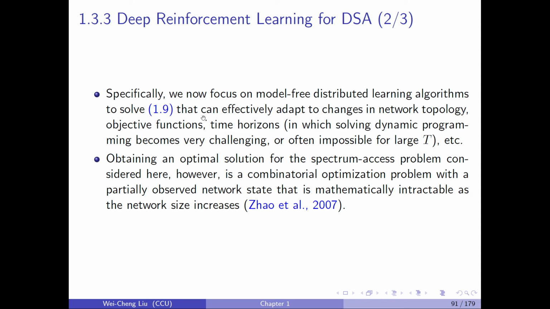That can effectively adapt to changes in network topology, objective functions, and time horizons, in which solving dynamic programming becomes very challenging or often impossible for large capital T, etc. What does capital T mean?